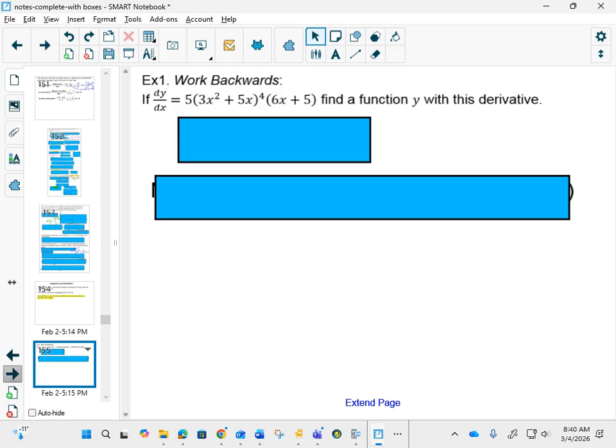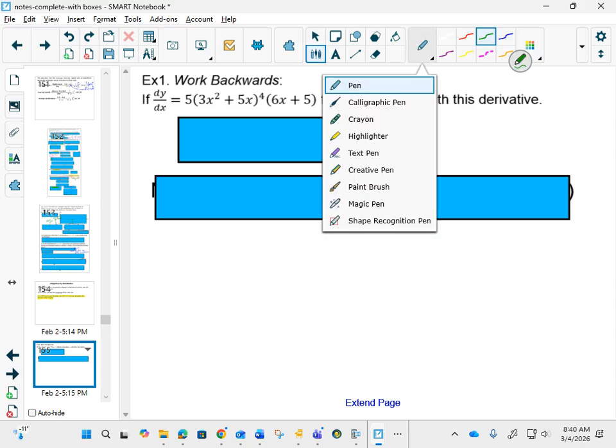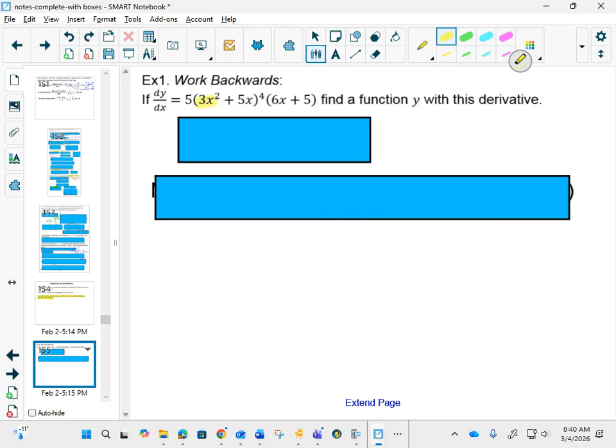Here's one from our notes when we did the chain rule. So if that's the derivative and you had to work backwards, do you see that it was a chain rule originally? Because we have, and I'm going to highlight things here, we have in yellow the inside function, and we have in green the derivative of that inside function happening right after.